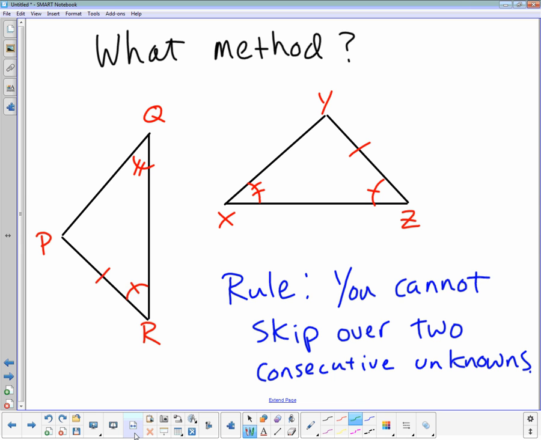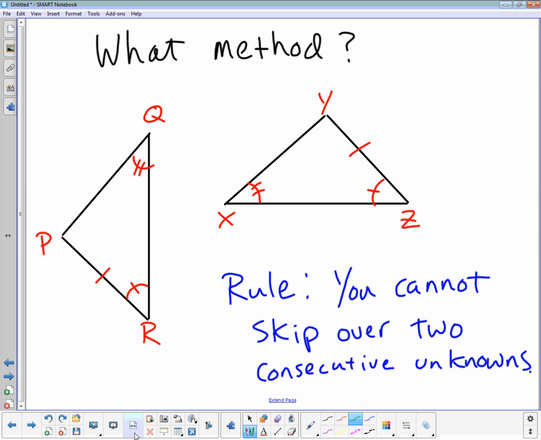There's no reason why I would know that QR and XZ or any other length are equal, right? I do know about PR. What is PR congruent to? YZ, right? Because of the tick marks. They tell me that.